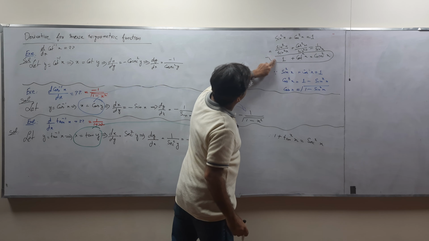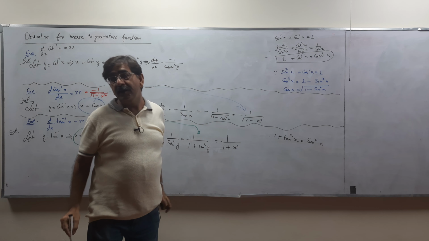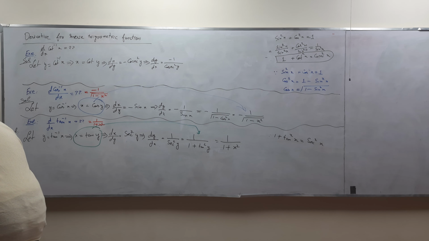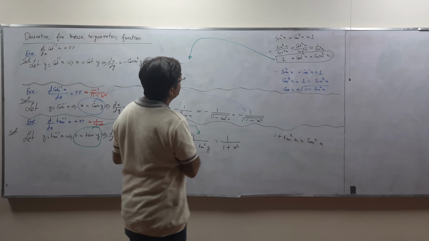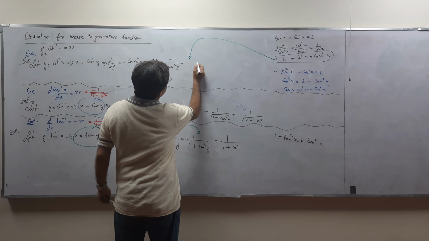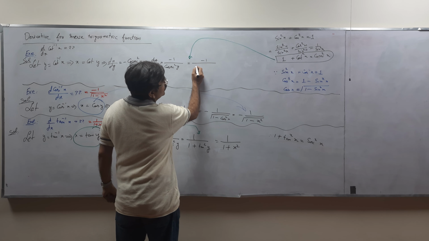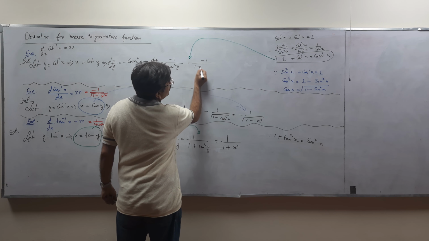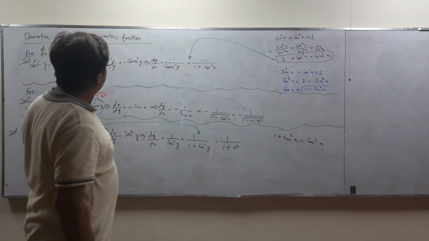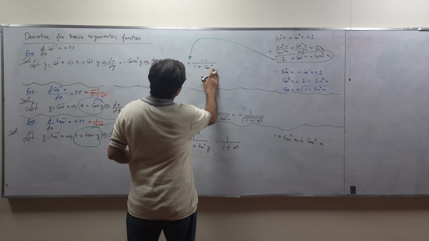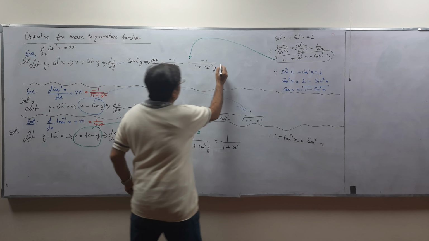I use this formula here: 1 over cosecant square y. This means this will be minus 1 over 1 plus cot square y, and cot y is equal to x.